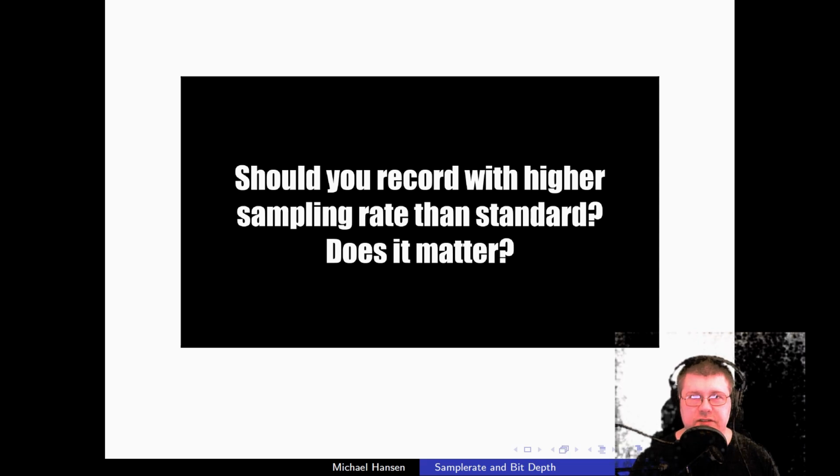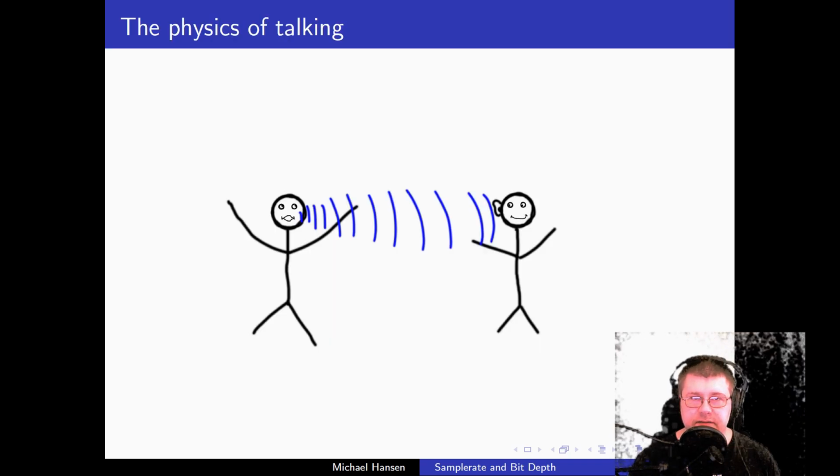In order to discuss this subject, we need to have a reasonable understanding of how speech works. How does it work when I begin to talk to you and you stand there a couple of feet away and listen to me? Well, the physics of talking is that down in my throat I have what are called vocal cords. And when I press air through them in a certain way, they begin to vibrate.